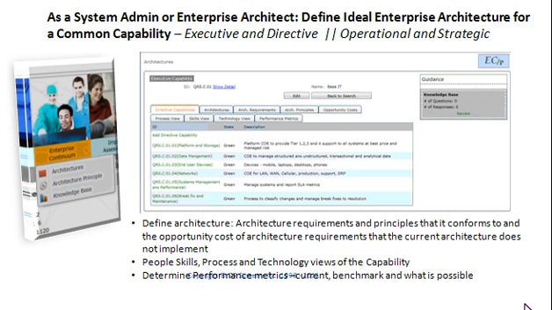So at the end, you end up having executive and directive capabilities with a full view of all their architecture requirements and performance metrics. You can look at what the capability is, what the current performance is, what the target performance is, and what the industry benchmark is, to compare how you are performing against other industry members.